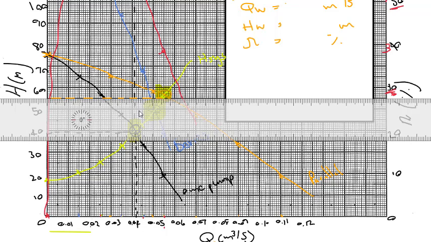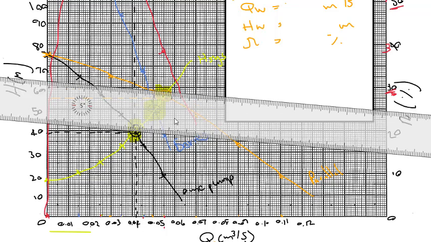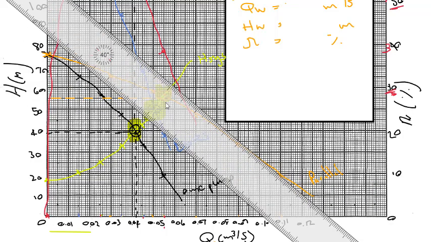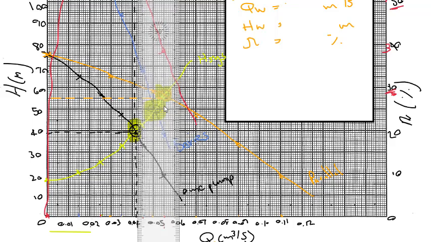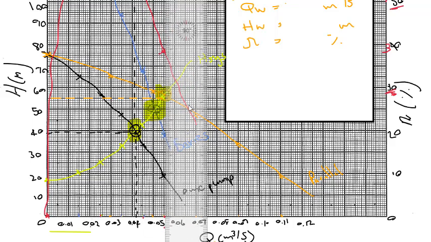For the head value, and then for the discharge, we rotate our ruler, and you should get something like 0.055.